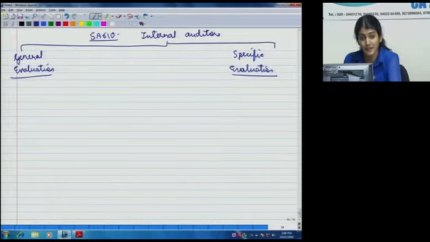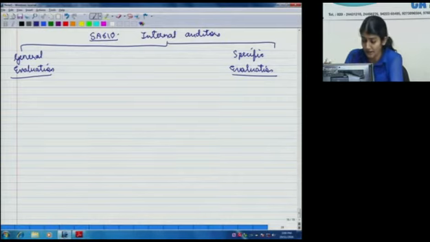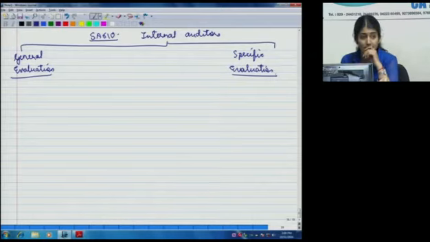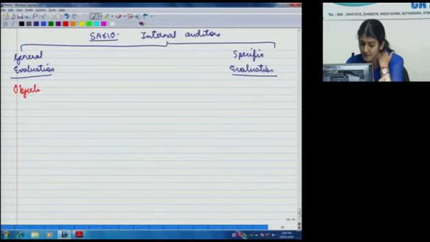Generally means a bird's eye view, overall, not for any particular area, but I want to understand the internal audit function in the organization. So the first thing I would like to check is the objectivity of the internal audit function.